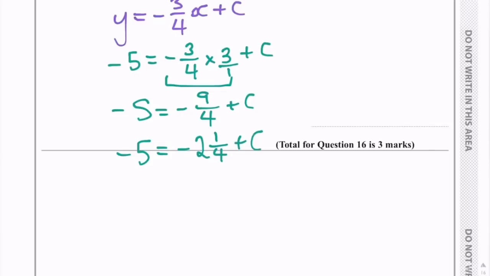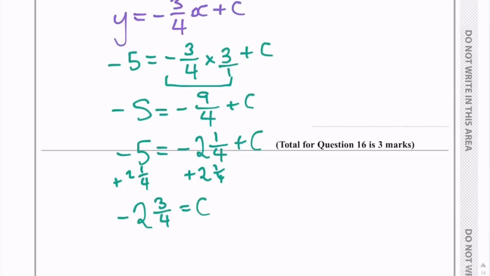And if we add that over to the minus 5, so plus 2 1/4 and plus 2 1/4, that leaves us with, and up to you whether you want to add this on that way, let's have a think. So add 1 is minus 4, add another one's minus 3, add the quarter is minus 2 3/4. That equals c.